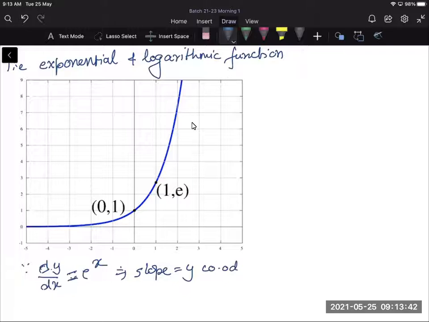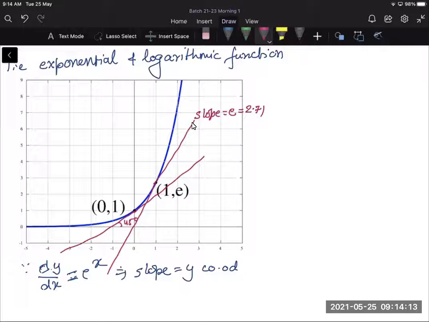So what does this mean? If I were to draw a tangent here, the y coordinate is exactly 1, so the slope would be 45 degrees. And if I were to draw the tangent here, then the slope would be equal to e, which is around 2.71. That is the value.